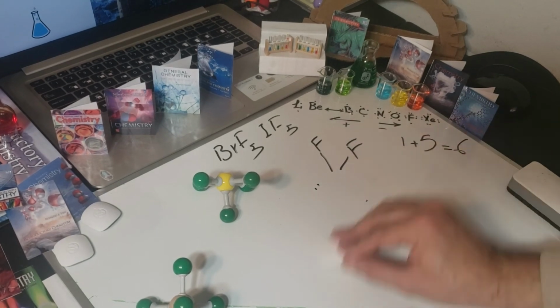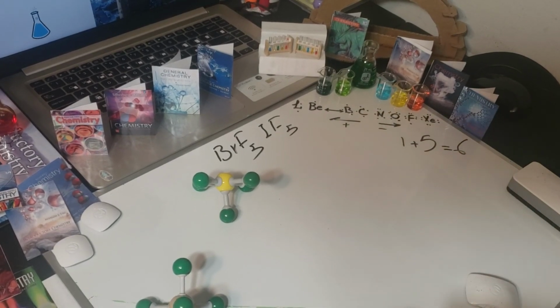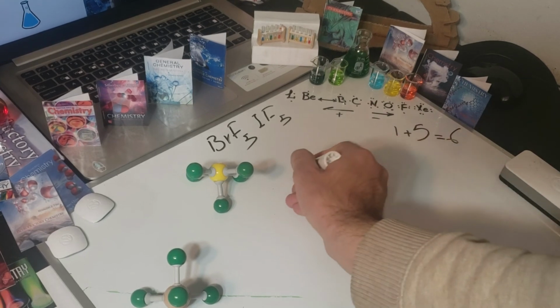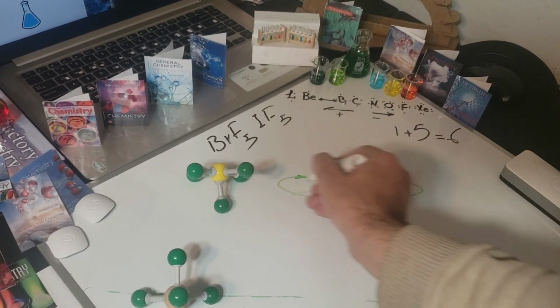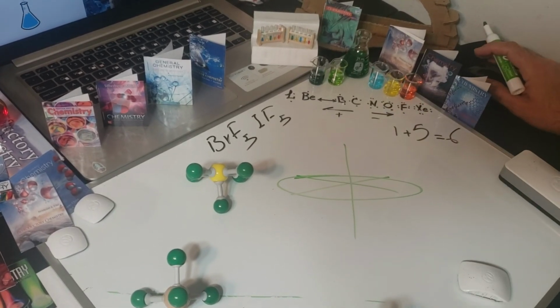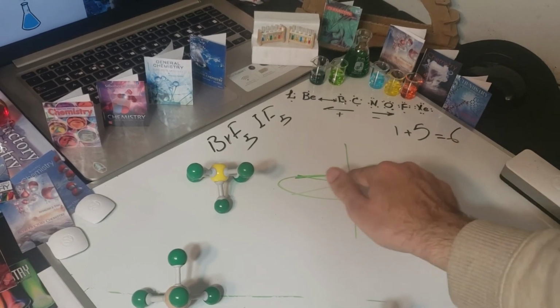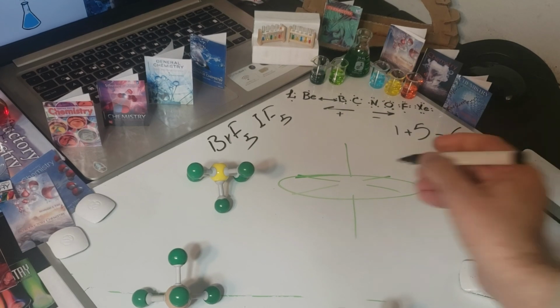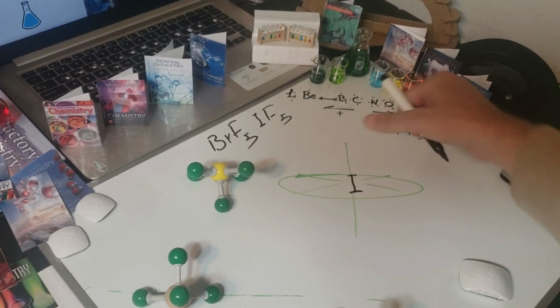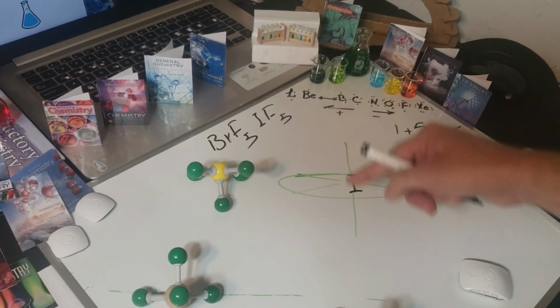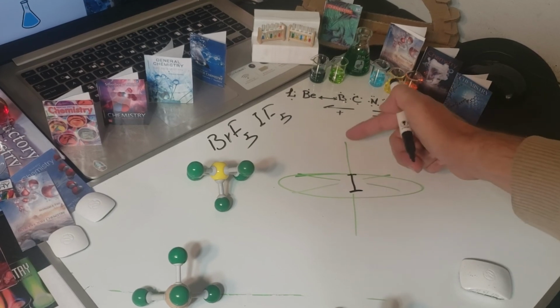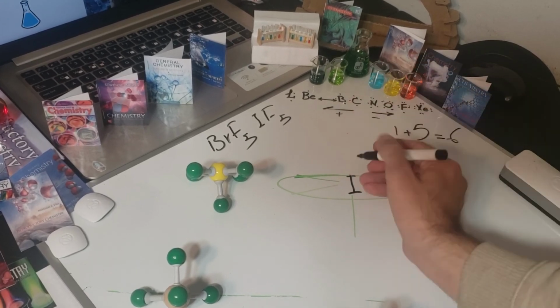Let me just draw it real quick here. Again, I draw the in-plane positions first, and I have 2 axial positions. In the central part, I'll just put my iodine, and then the lone pair should go on the top or in the bottom, but I don't put it at the end of this line. I just stick it to the atom.